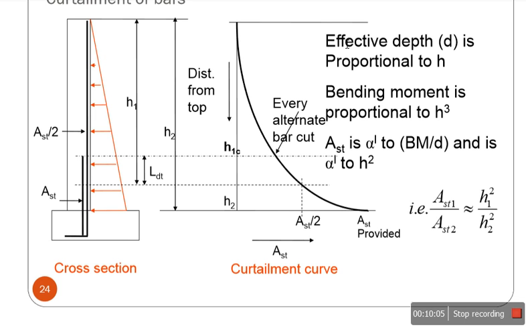For example, the first bar goes to a certain height, the second bar goes to the full height, the third bar goes to a certain height, and the fourth bar goes to the full height, and so on.